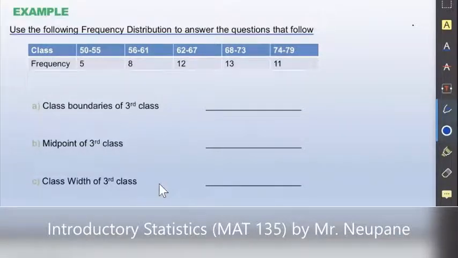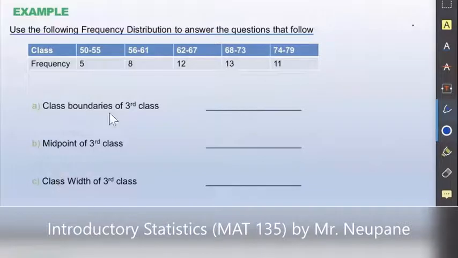The classes are 50 to 55, 56 to 61, 62 to 67, 68 through 73, 74 through 79. You can see that it's not continuous data. From 55, we jump to 56. From 61, we jump to 62. From 67, we jump to 68. So we have a difference of 1.